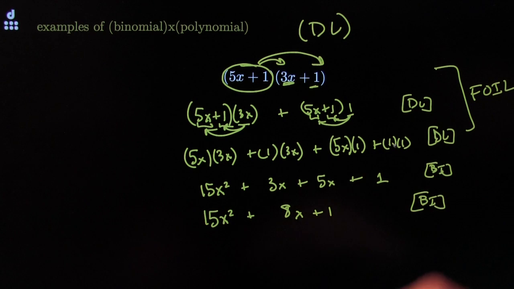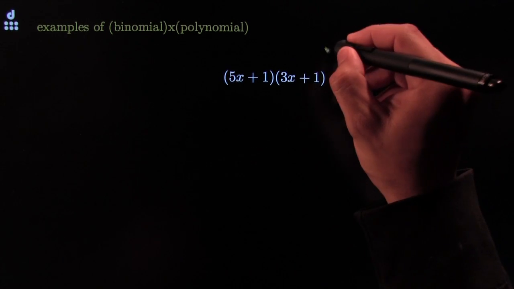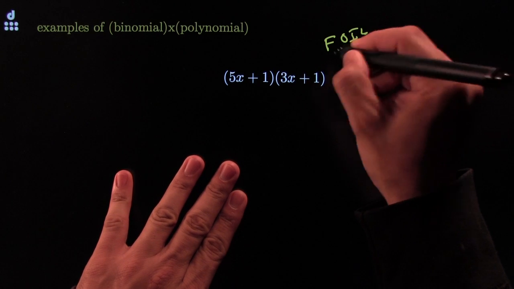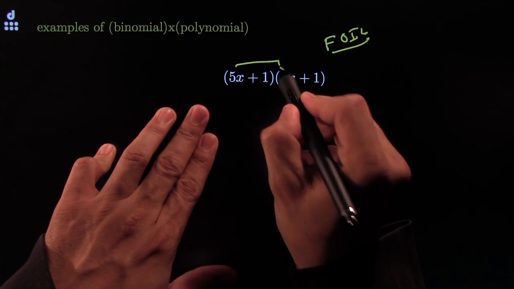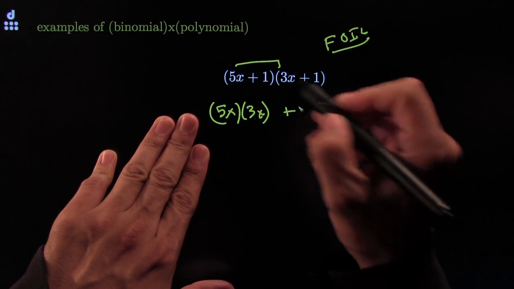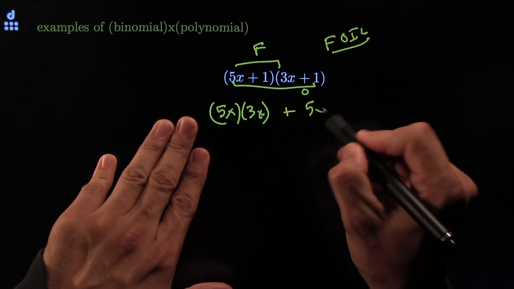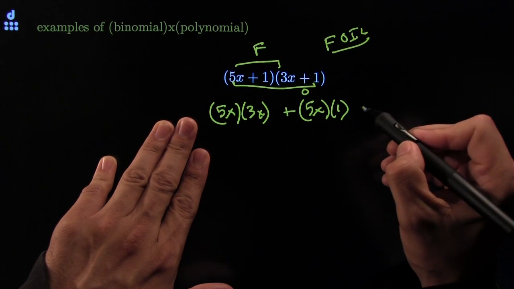And now what I'd like to do is do it a different way. This time I'm going to show you the FOIL thing that I just talked about. FOIL would mean that you take the first one, so you go 5x times 3x, that's the first one. Plus the outer, 5x times 1, that's the outer.